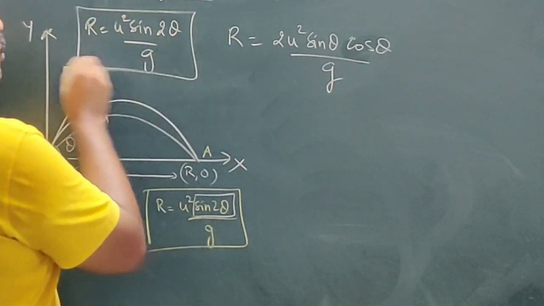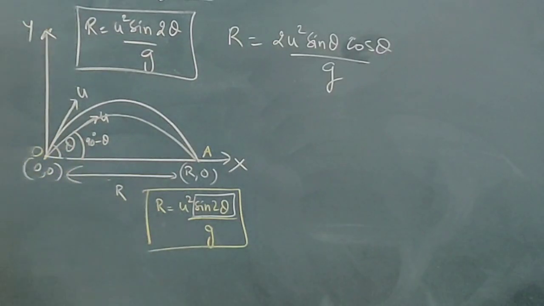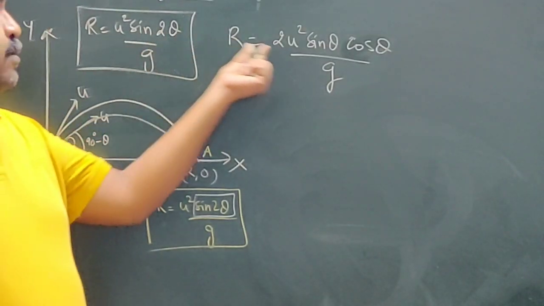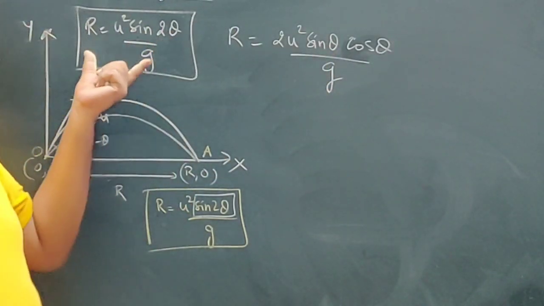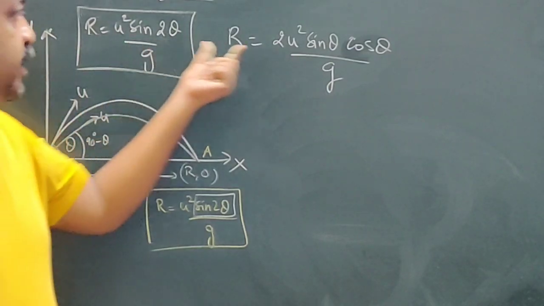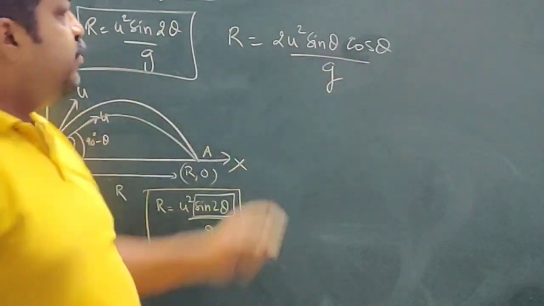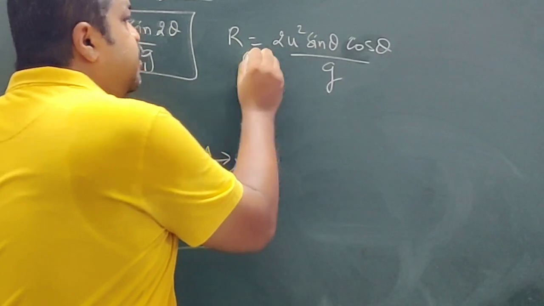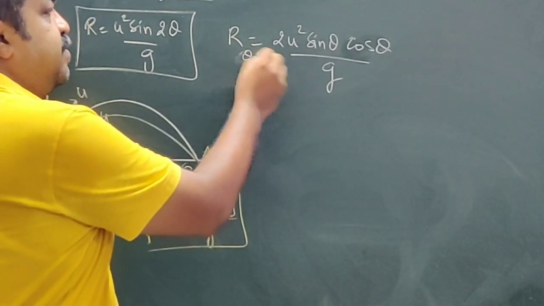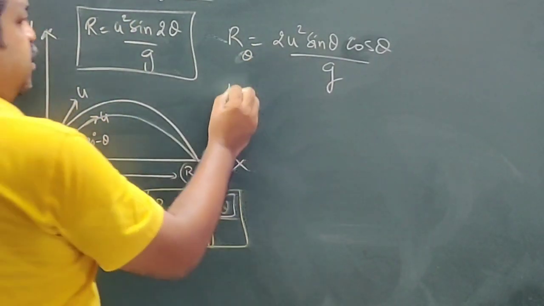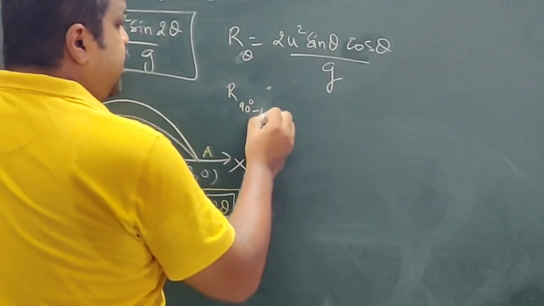Sin 2 theta can be written as 2 sin theta cos theta. So I can write the expression for range as 2u square sin theta cos theta by g. So this is the range when angle of projection is theta, so I am writing it as R theta. Okay, now the range when angle of projection is 90 degree minus theta.